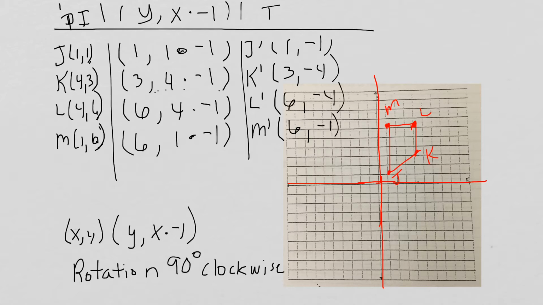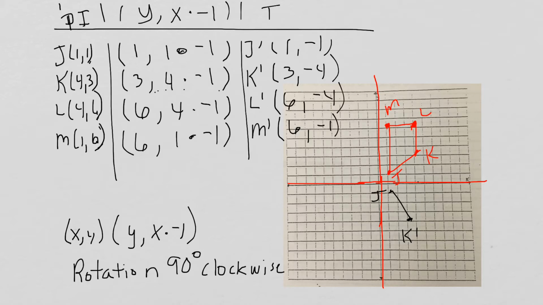Now I'm going to go ahead and graph. So 1, -1 is J prime. And K prime is going to be 3, 1, 2, 3, 1, 2, 3, 4. K prime. Connect those two together.